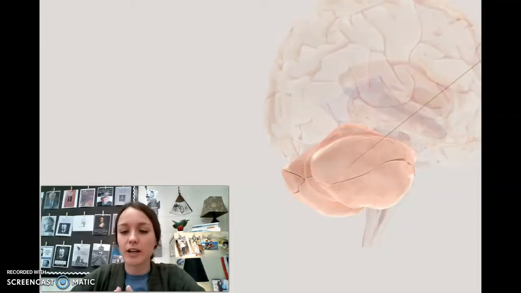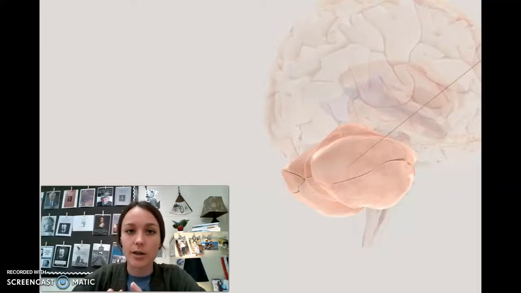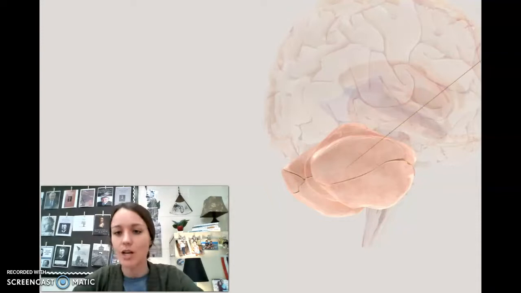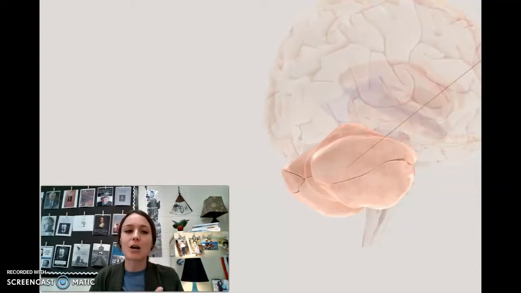In Latin, the cerebellum means little brain. So it's kind of like this little brain that's sitting under the big brain. And even though it's small, it controls really big things. It controls our motor movements. It controls the motions that you have conscious awareness of.